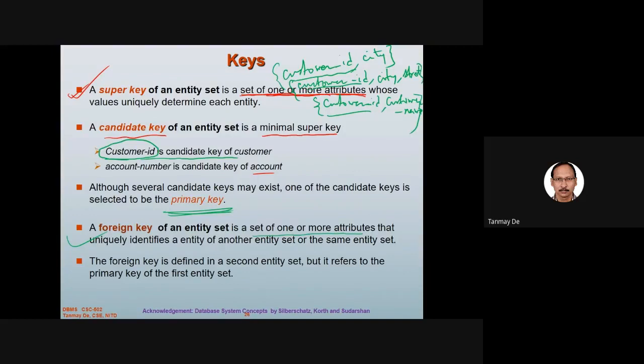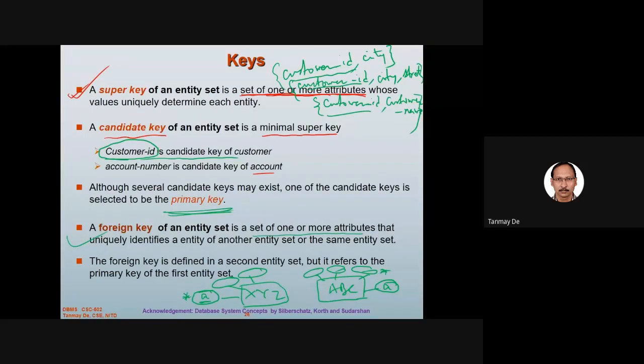Suppose the entity set XYZ is one of the entity sets. Here one of the attributes is, say, A. A is the primary key, and some other attributes are there. Say another entity set, ABC, has a number of attributes. Say this is the primary key here, and in that case A is present as one of the attributes.